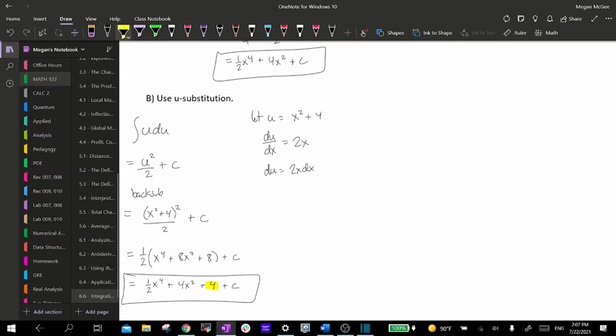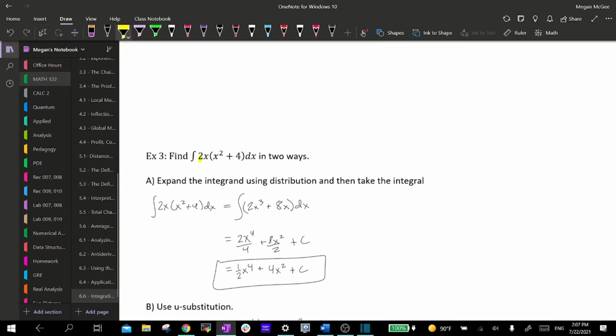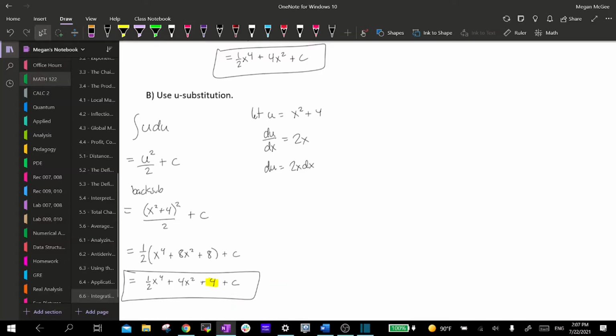Are they both correct? Well, remember, this is an antiderivative. So if we took the derivative of each of these answers, we would hope to get back the original function, right? And if you take the derivative of both of these, they will both be the same because our extra plus 4 down here, well, the derivative of that is 0. Same thing with our c. Okay?